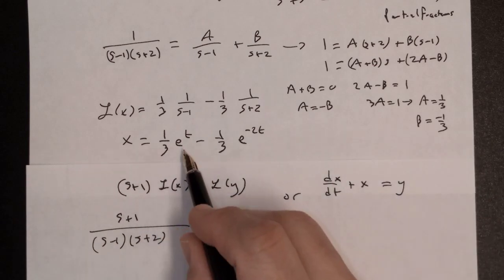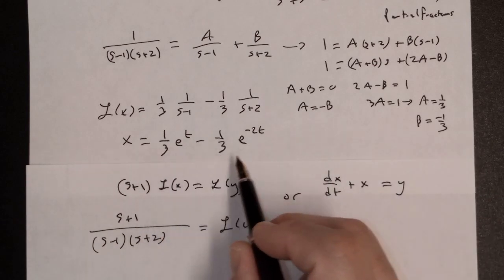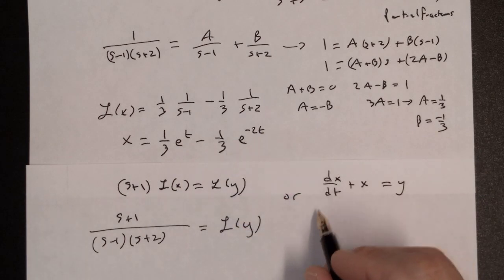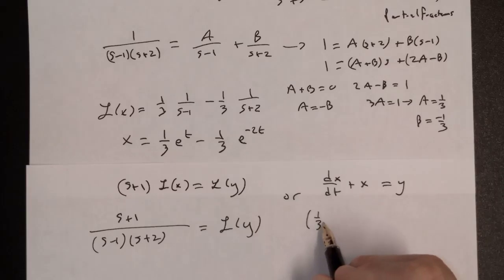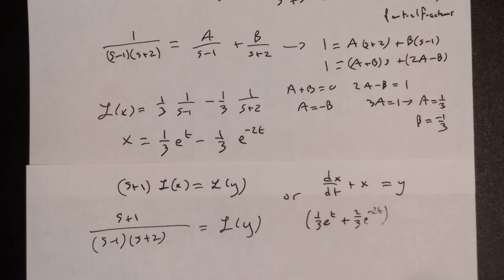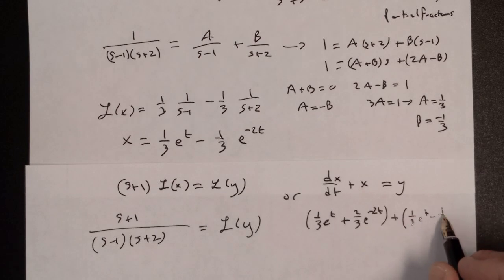The derivative of e to the t is e to the t. The derivative of e to the minus 2t is minus 2e to the minus 2t. So dx/dt is 1/3 e to the t plus 2/3 e to the negative 2t, plus x itself, 1/3 e to the t minus 1/3 e to the negative 2t.